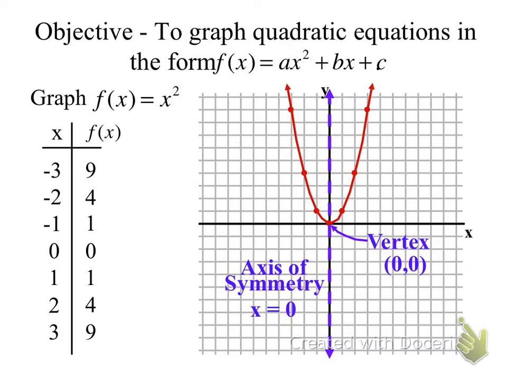So now, let's take a look at this. Let's look at the shape. Let's look at the equation. In the equation, do we have a y-intercept? What is the y-intercept? Yes. The y-intercept is 0. How'd you know that?